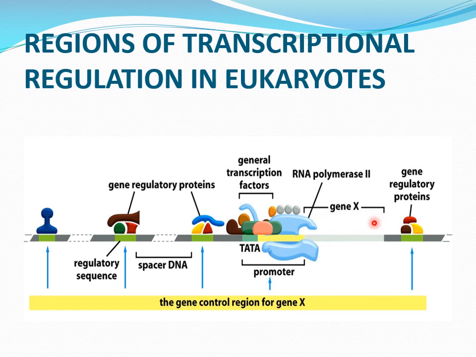In this figure, we are considering a gene X. Upstream of this gene is the promoter region, and this promoter region has two domains. One is the regulator domain, and the other domain is where the RNA polymerase binds. That is the binding domain.